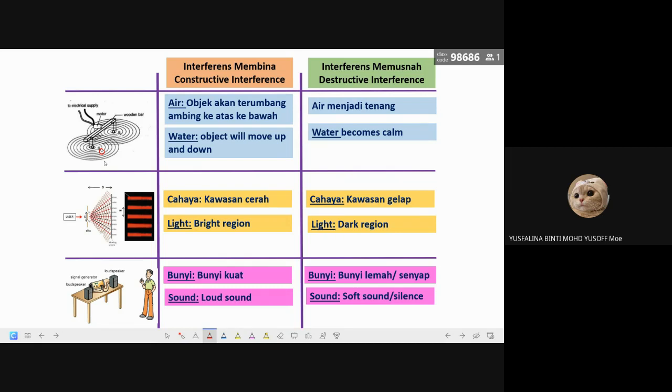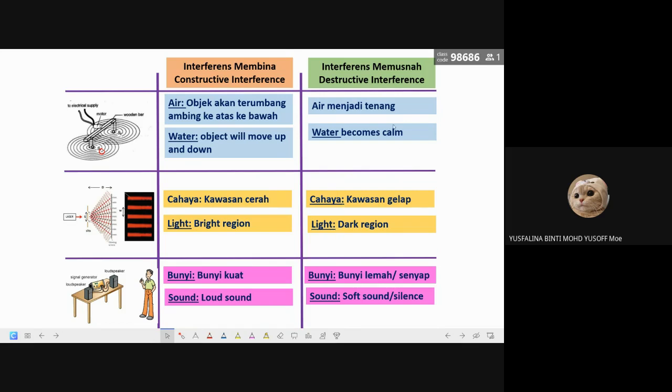For the interference of light, if the constructive interference occurs, they will produce the bright fringes. This one, the red one, is the bright fringes, so this is the constructive interference.